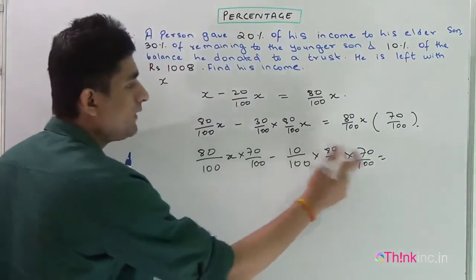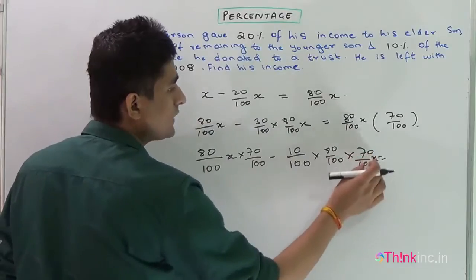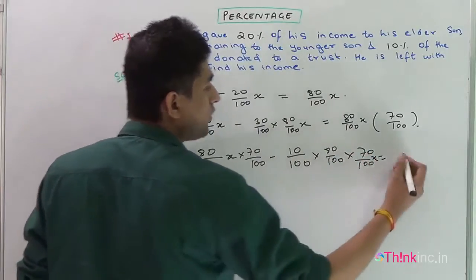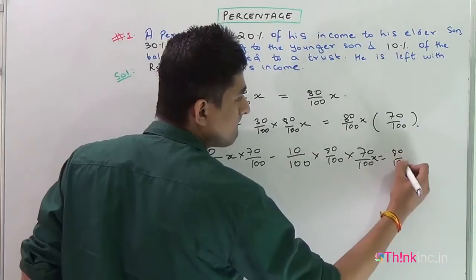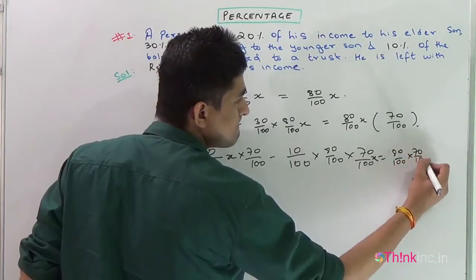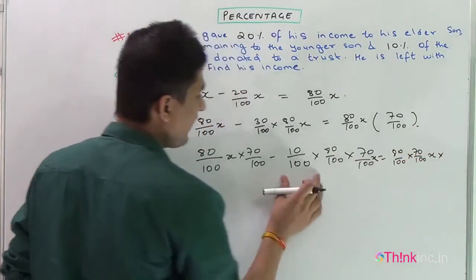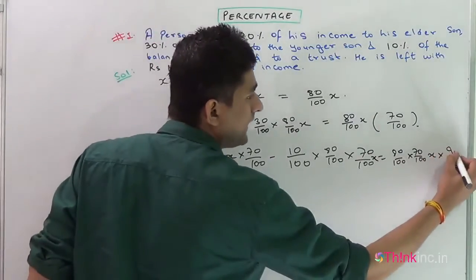Again, I am taking 80 by 100 into 70 by 100 X common, so I write it like this. If I solve this now, I will be left with 90 by 100.